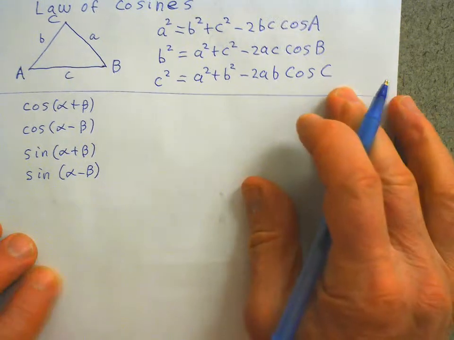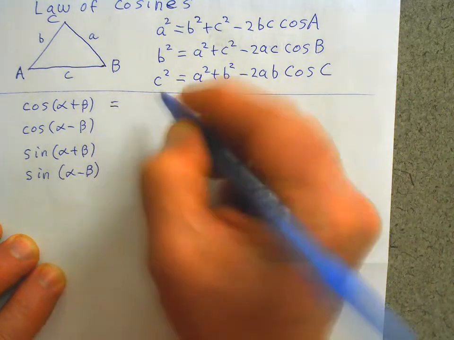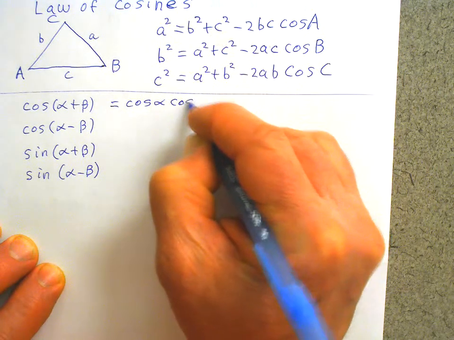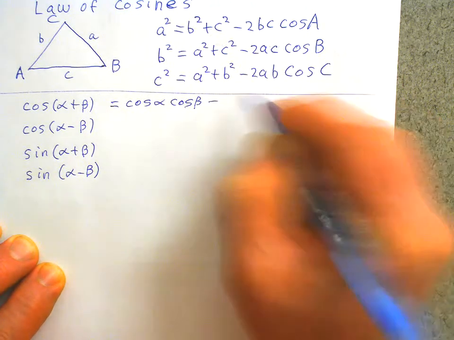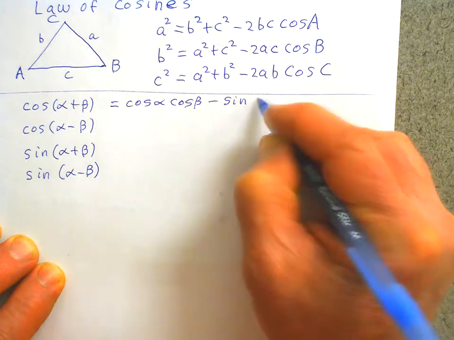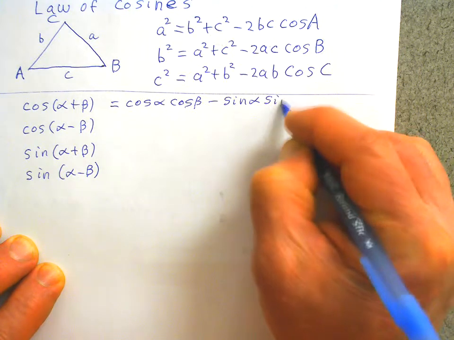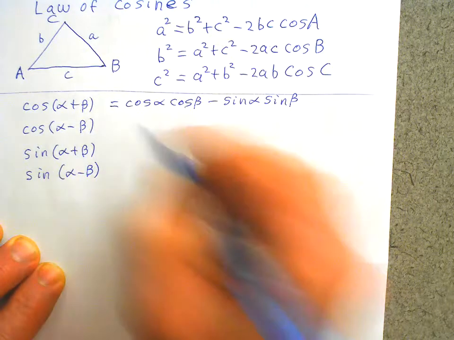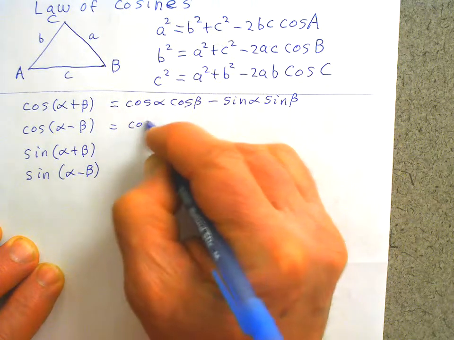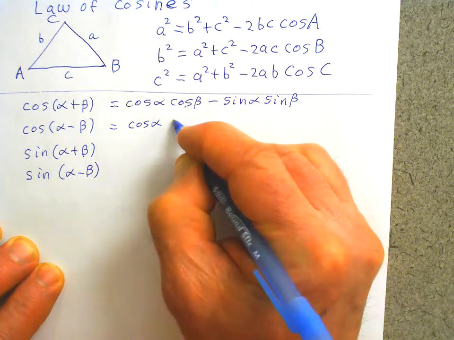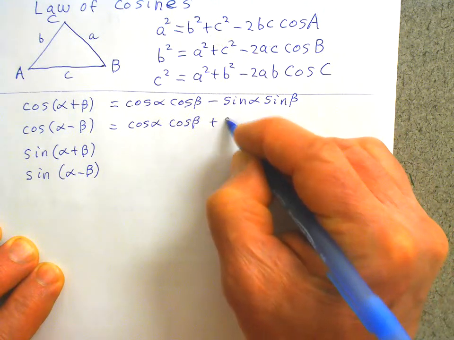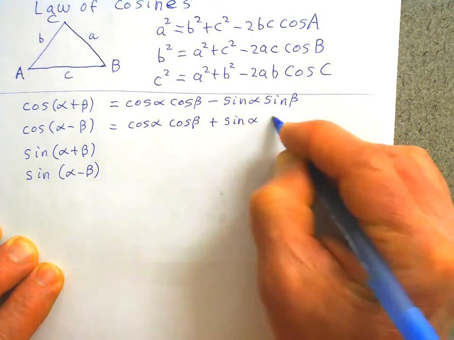So cosine of alpha plus beta is cosine of alpha times cosine of beta minus sine of alpha times sine of beta. Cosine of alpha minus beta is cosine of alpha times cosine of beta plus sine of alpha times sine of beta.